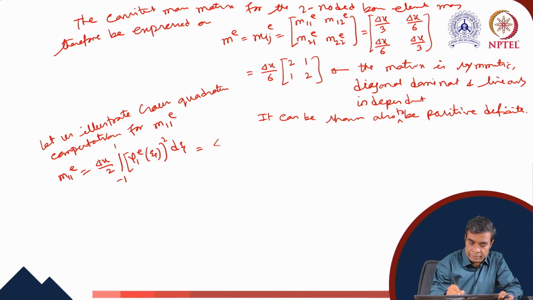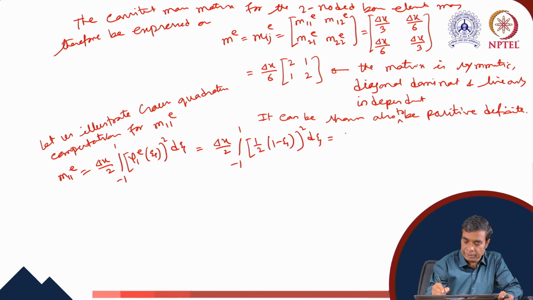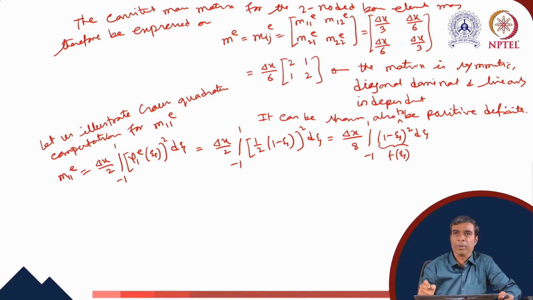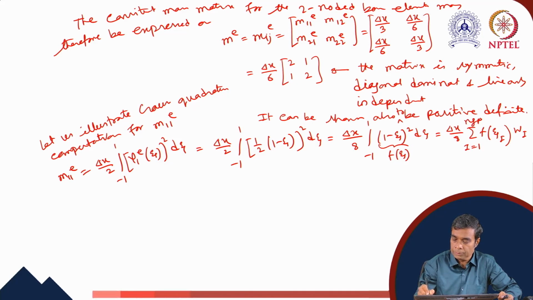This can be written as delta x by 2 integration minus 1 to 1 half of 1 minus xi whole square d xi. This is delta x by 8 integration minus 1 to 1 of 1 minus xi whole square d xi. So this is the integrand f of xi. This can be written as delta x by 8 summation of f of xi i w i, where i is varying from 1 to ngp.